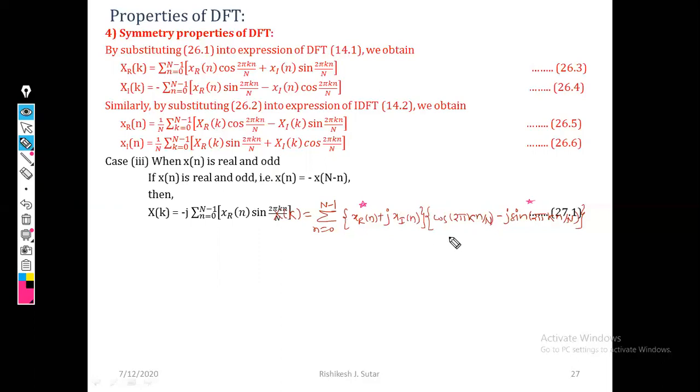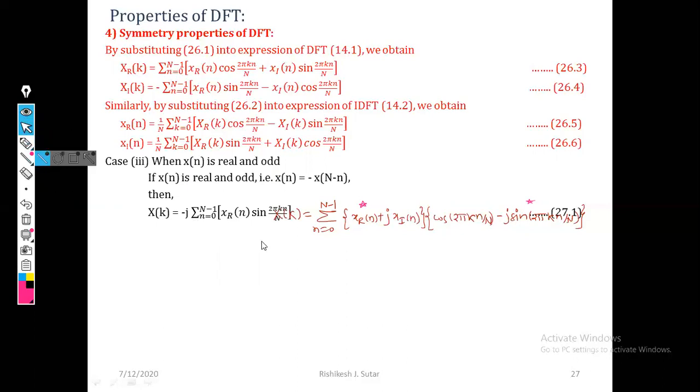I don't want the even part, so this will not come over there. We'll multiply it. So what I'm getting is x of k is equal to minus j summation x of n into sine of 2 pi kn upon capital N.